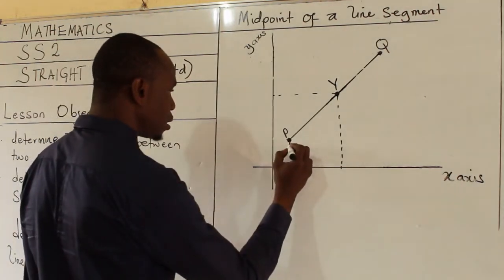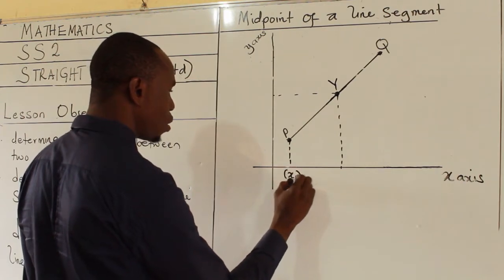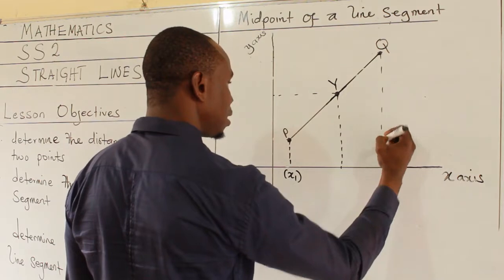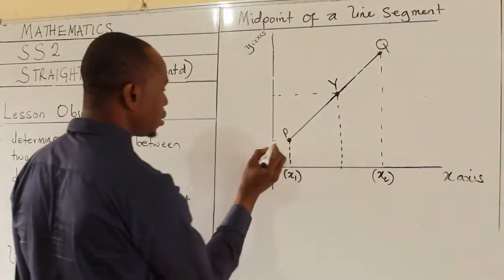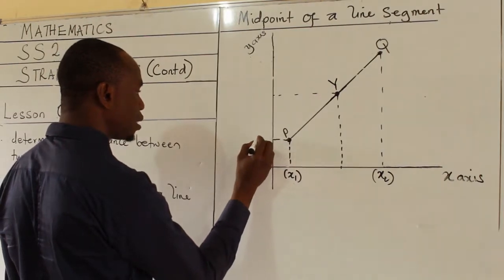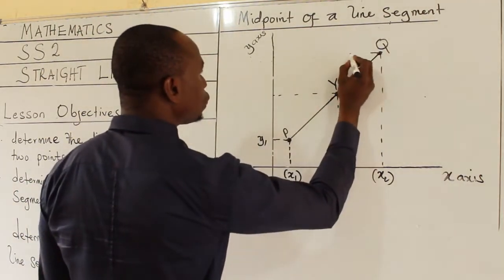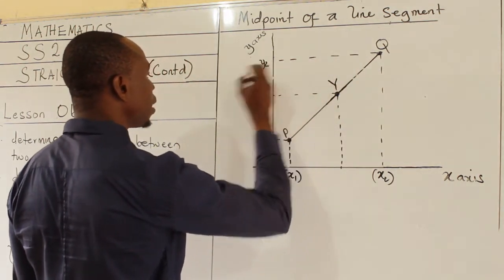We know that the coordinate of P here is x1 and that of Q on the x-axis is x2, while the coordinate of P on the y-axis here is y1 and the coordinate of Q on the y-axis here is y2.